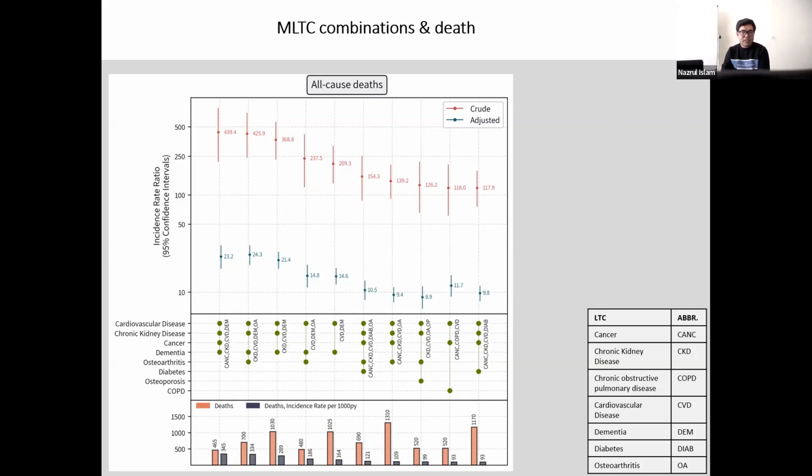It is so interesting that CVD appeared in all of the top 5 combinations. It is also interesting to note that just the two-disease combination of CVD and dementia had a much higher rate of mortality than even some 3, 4, or 5 disease combinations. That was striking. These two appeared to be a more fatal combination, really.